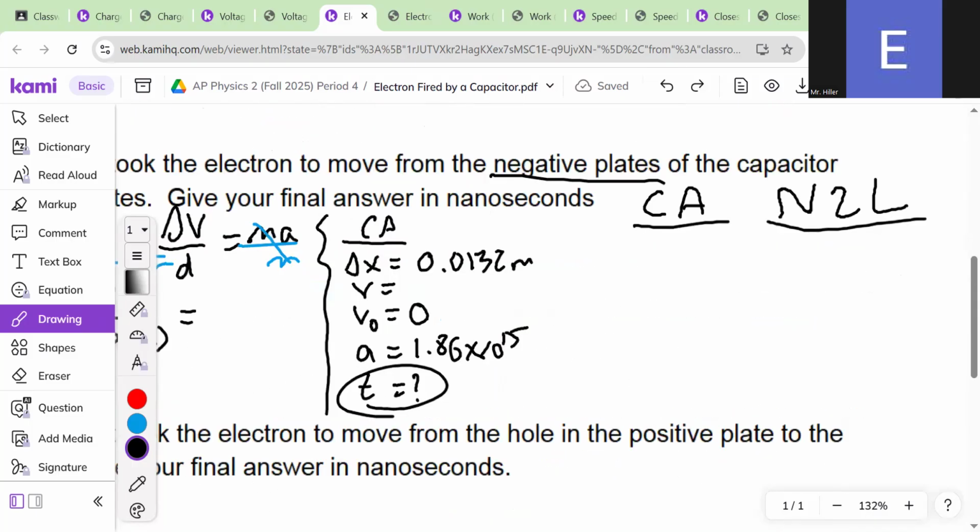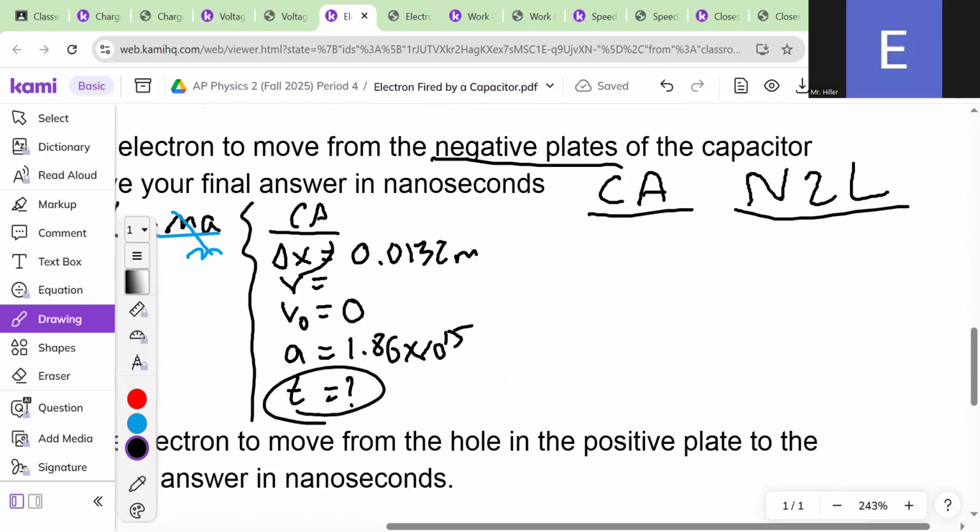Now, we're looking at distance as a function of time, so we can use the equation delta x equals v naught times t plus 1/2 times a times t squared. V naught t cancels because V naught is 0, and 0 times time is 0. So delta x is equal to 1/2 a t squared.